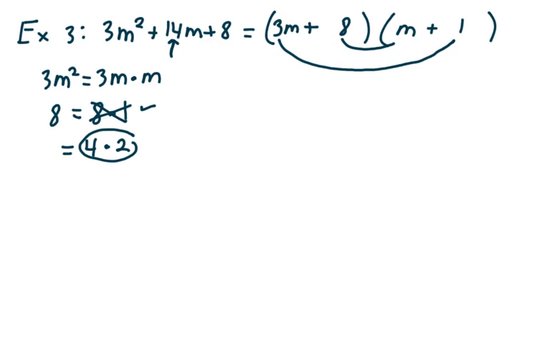If I look at the 4 and the 2, I just happen to know that 4 times 3 is 12. And so I want the 4 here and the 2 over here. And so I'm done. 3m squared plus 14m plus 8 is (3m plus 2) times (m plus 4). And that's how we break that down.